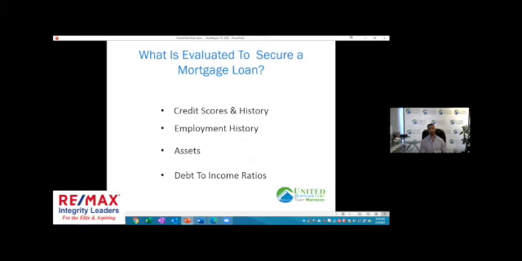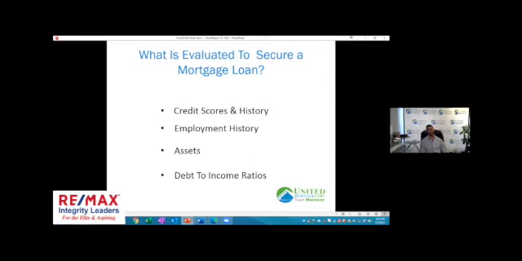A lot of first-time home buyers don't have the money saved up, so they will sometimes borrow from 401ks, 403bs, deferred comp plans, and pay themselves the money back. It's a really great way to get into a house if they don't have the money readily available, okay? And debt to income ratios, this is a big one.